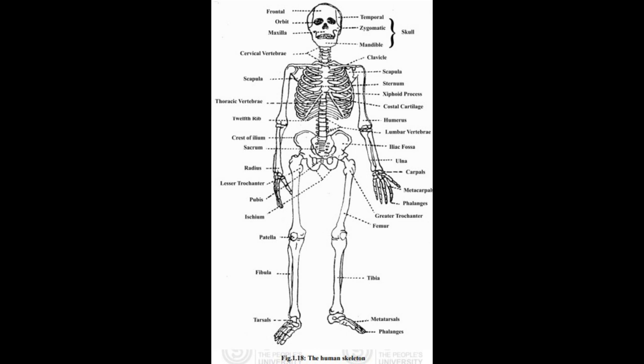Thus the girdles attach the limbs to the axial skeleton. The appendicular skeleton is divisible into 1. Upper bones, 2. Lower bones. 1. Upper bones. The upper bones are composed of the 1. Shoulder, pectoral, girdle and 2. A pair of upper limbs.